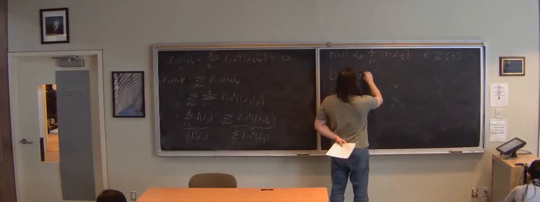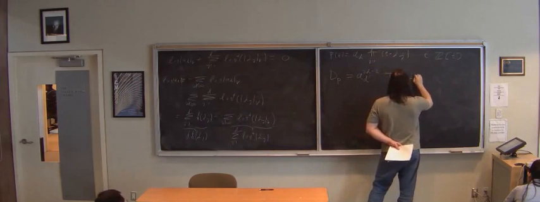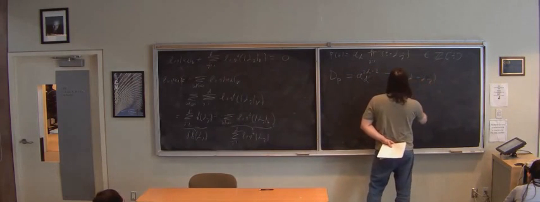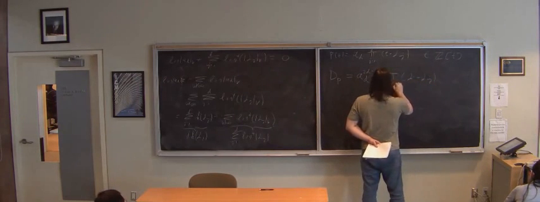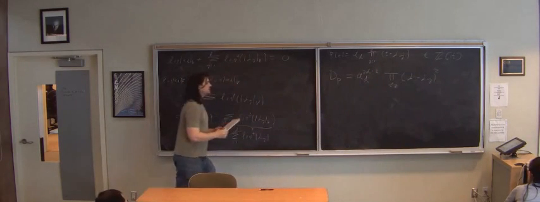It's AD to the 2D minus 2 times the product of all these differences squared.